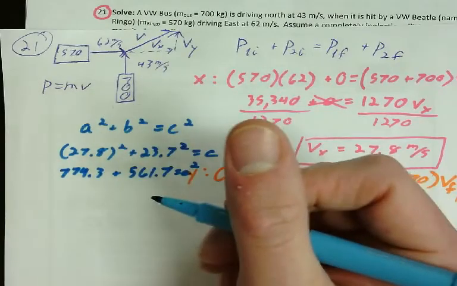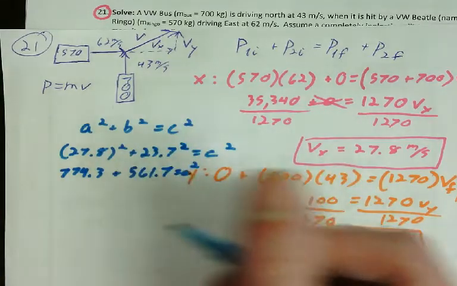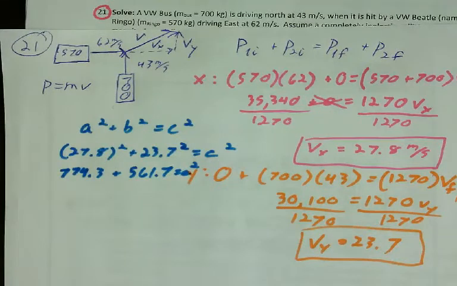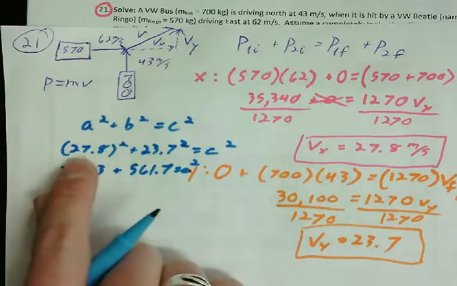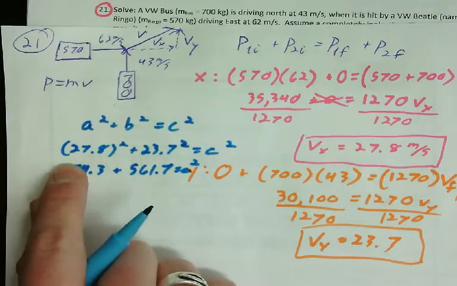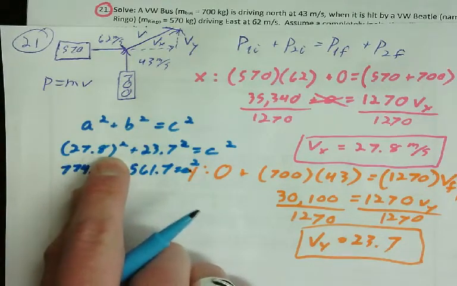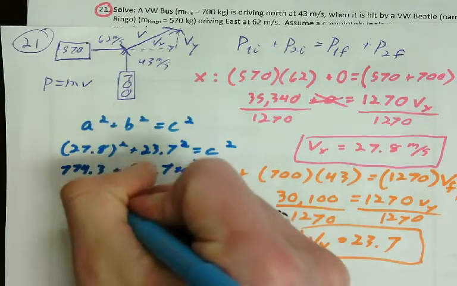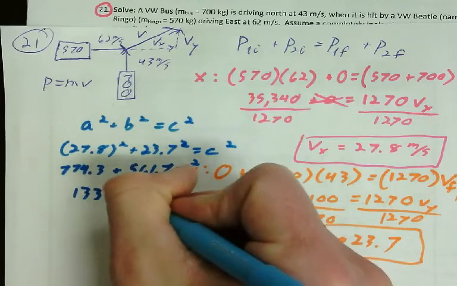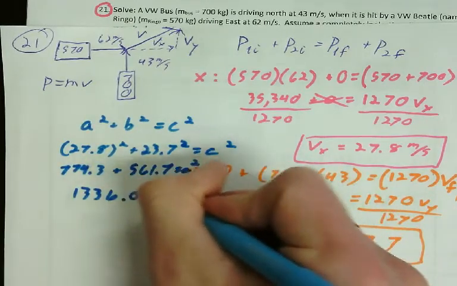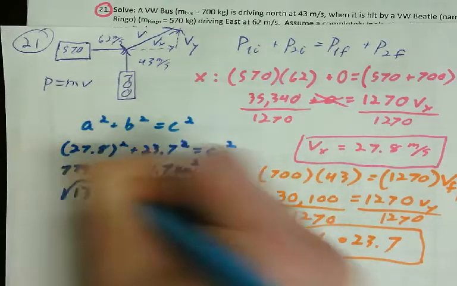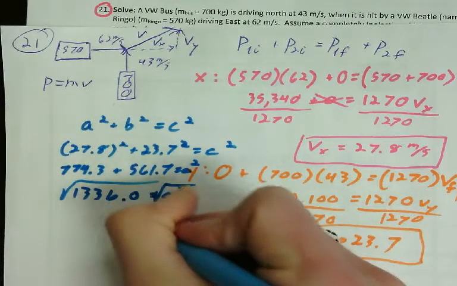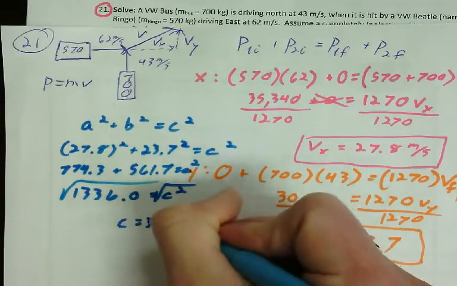Not that it would have changed a bunch, but wouldn't the 27.8 squared equal 772? It depends on how you rounded or didn't round. I did not round my number. So if you rounded, you're done. So 27.8 probably is, but I use 27.83497 or whatever it is. It's not a big deal. 1336.0 equals c squared. Square root both sides, get just c by itself. C is 36.55.